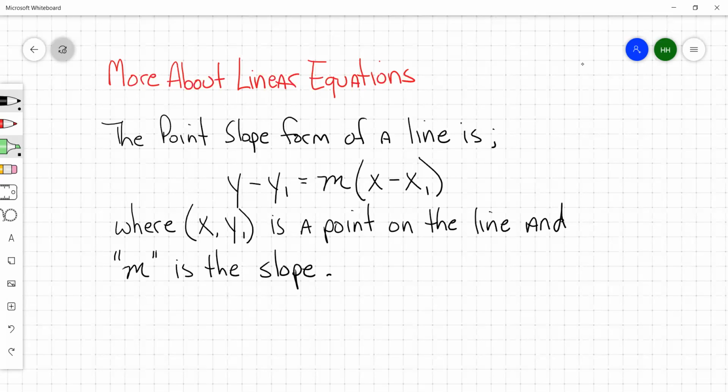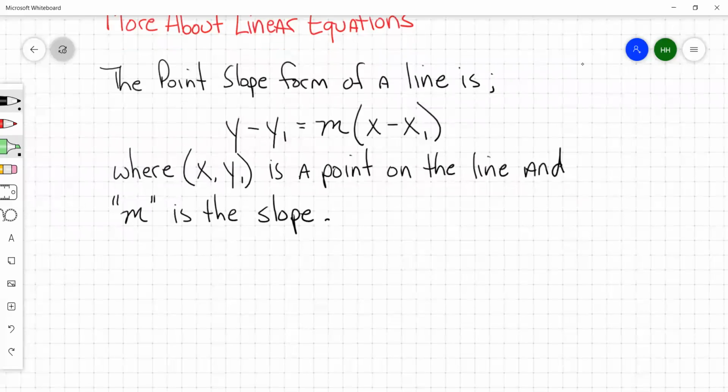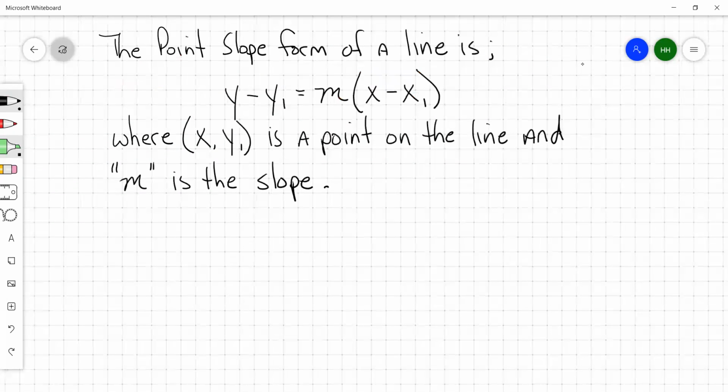All right, so today what you're going to be doing is writing equations in this form. So the first part of your assignment, you're going to be asked to write an equation given a point and slope.